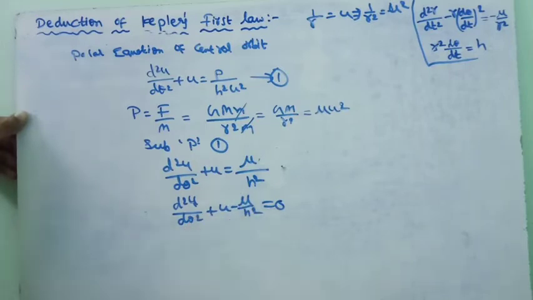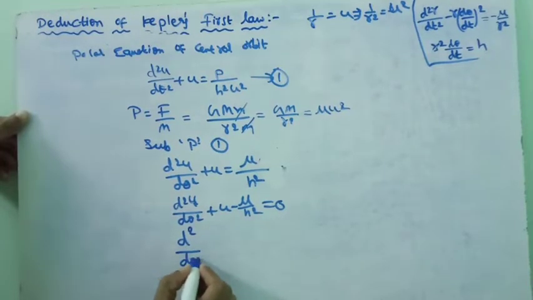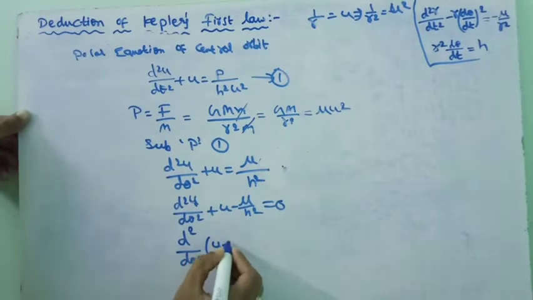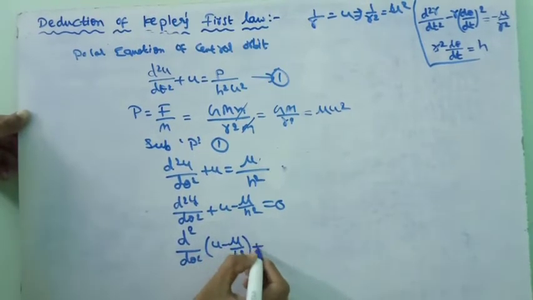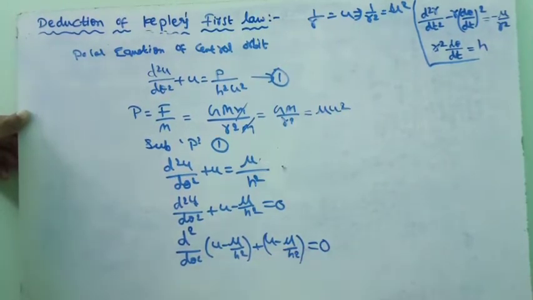This term is a constant term. We can write this equation as d square by d theta square of (u minus mu by h square) plus (u minus mu by h square) is equal to 0. There is no change; we just added mu by h square to u.